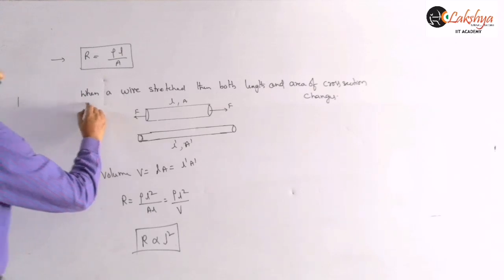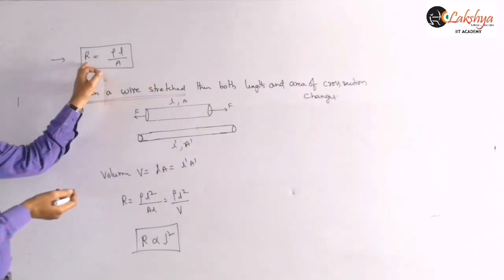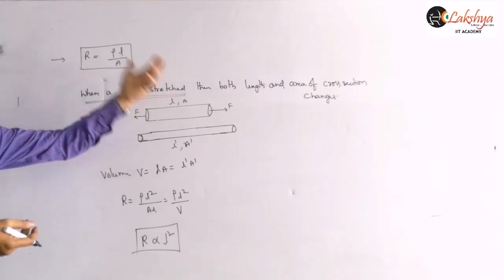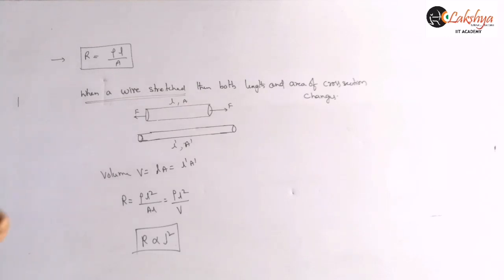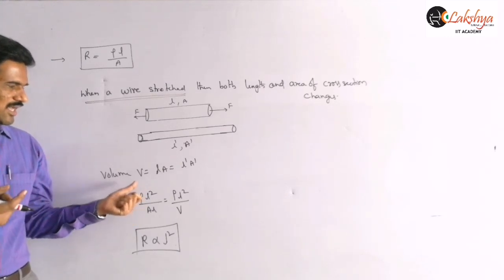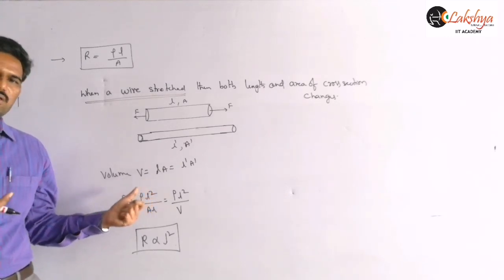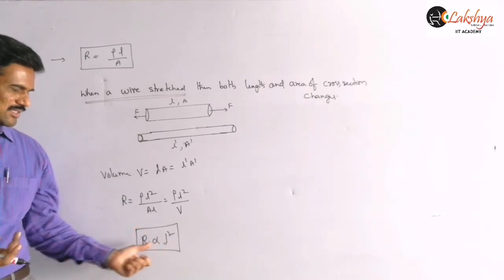You should remember this, when a wire is stretched, or in general R is proportional to L when area of cross section remains constant. But whenever area of cross section is changed, then to find the final resistance, R is equal to rho L dash by A dash we need to consider. So instead of that, you can directly consider this relation here.